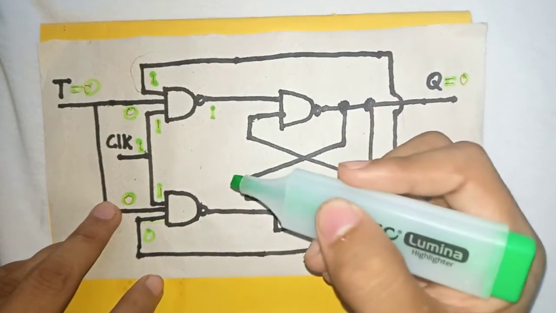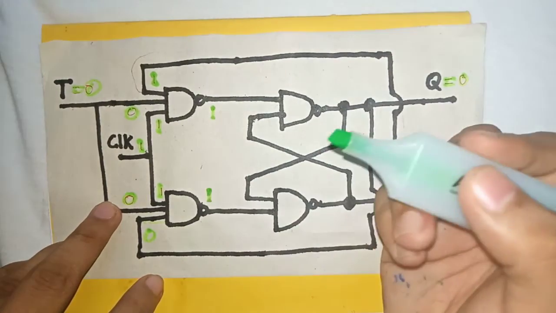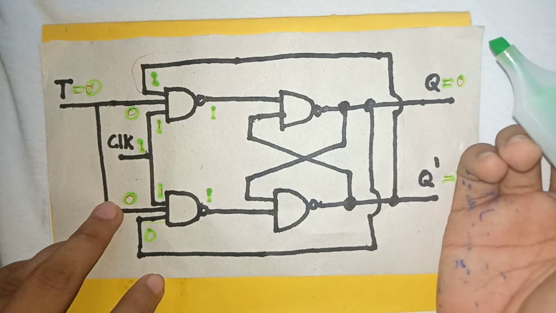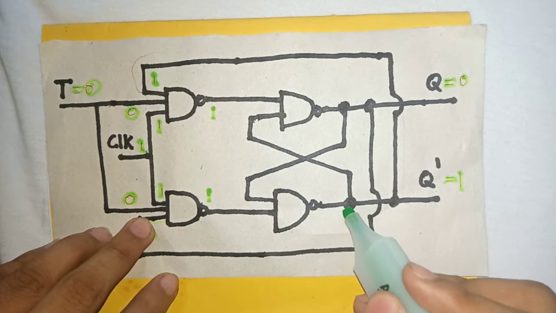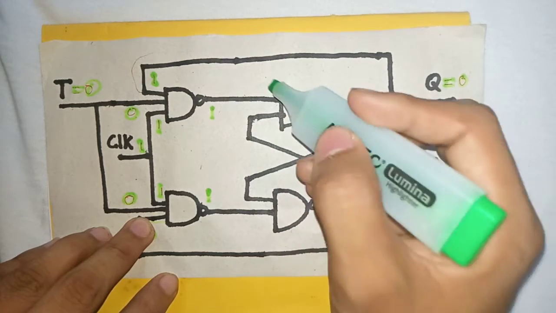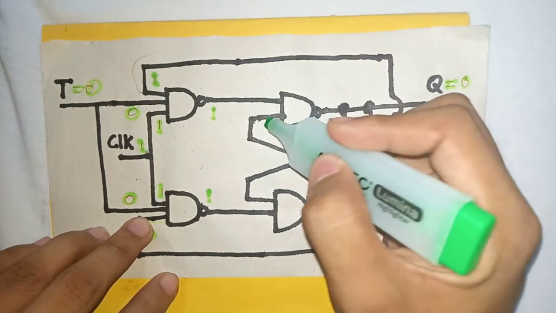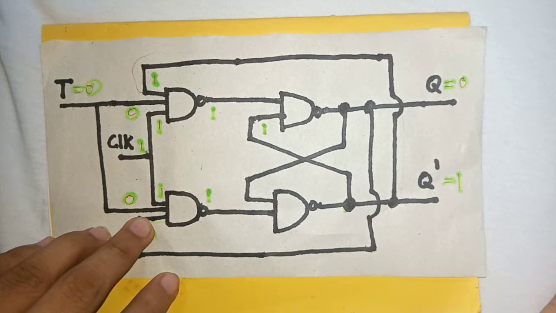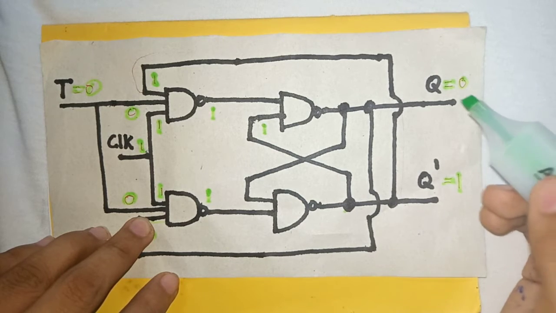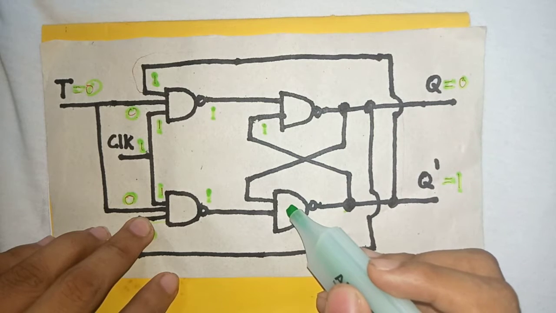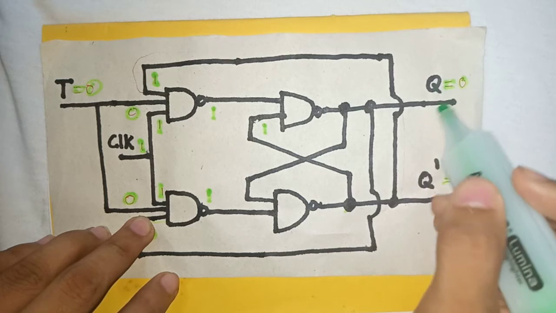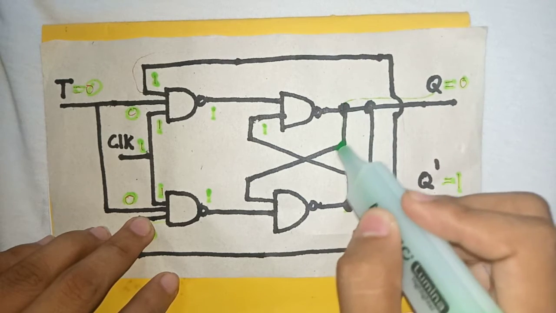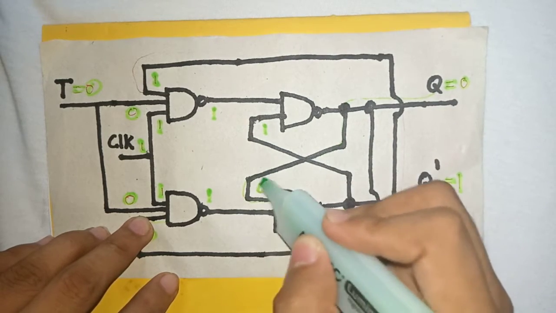Same goes for this one, because we have a 0 input, so this is 1. Here, since the Q prime is the input of our third NAND gate, we have 1 here. Also, we have an input in our fourth NAND gate, 0 here. So this one goes also here, and we have 0.